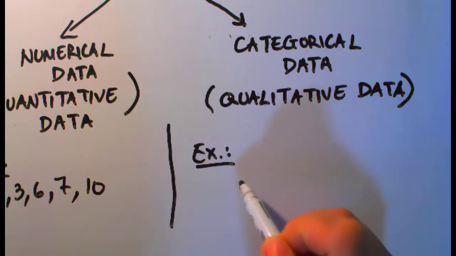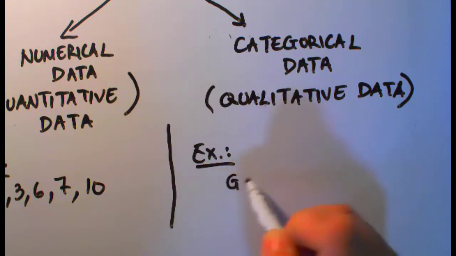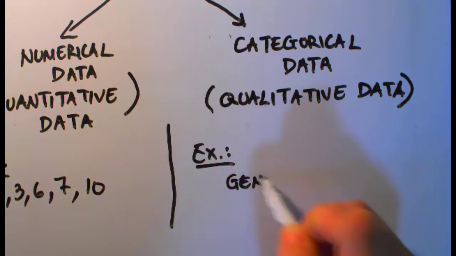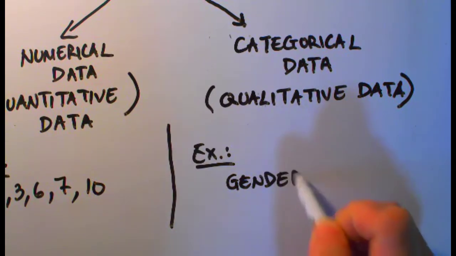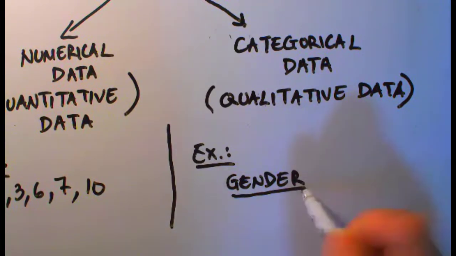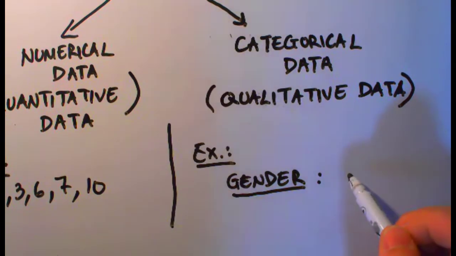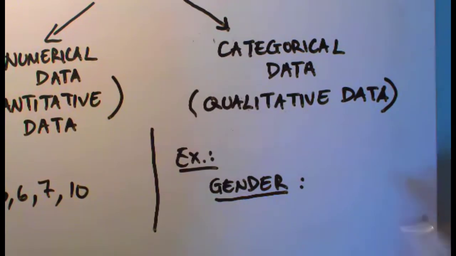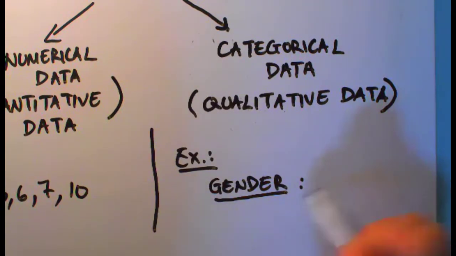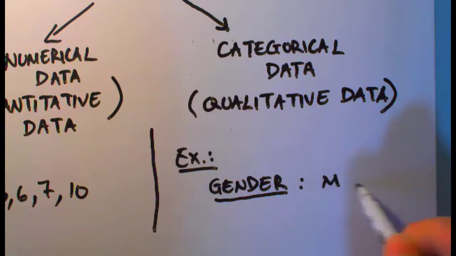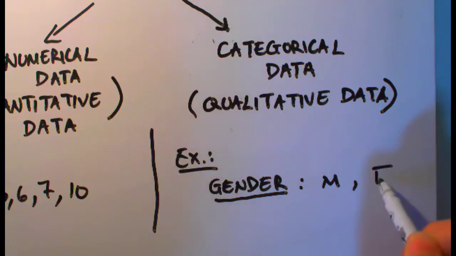Somewhere in your application there must be a line asking for your input on what gender you are. And so gender is the data, and the only two values anyone can give are either male or female.